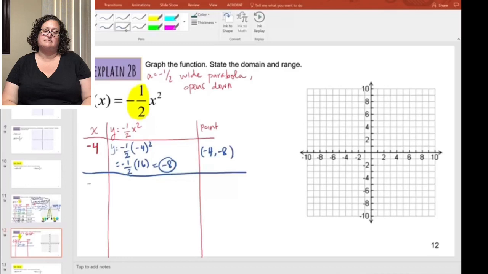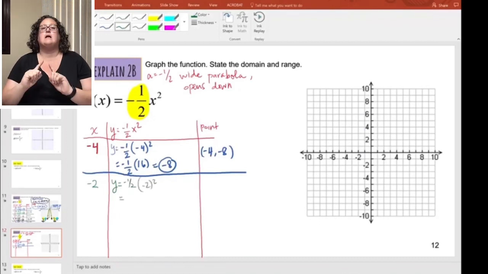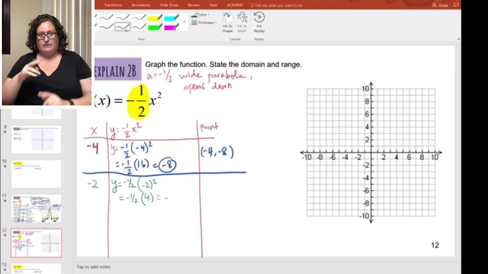When x equals -2, y will equal -1/2 times -2 squared. That's -1/2 times 4, and -1/2 times 4 is -2.